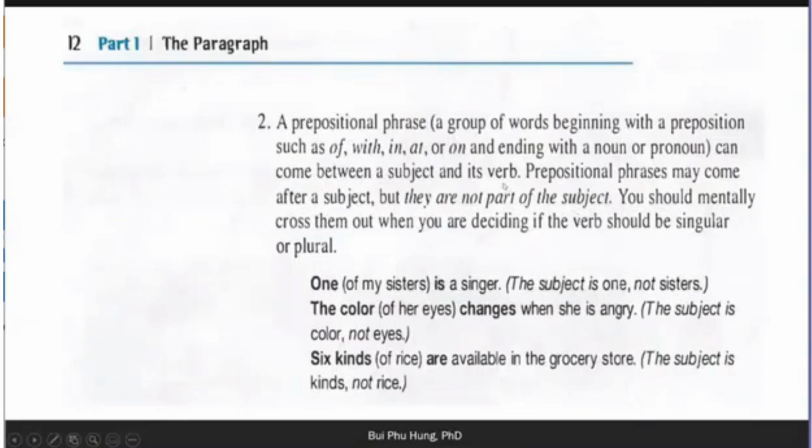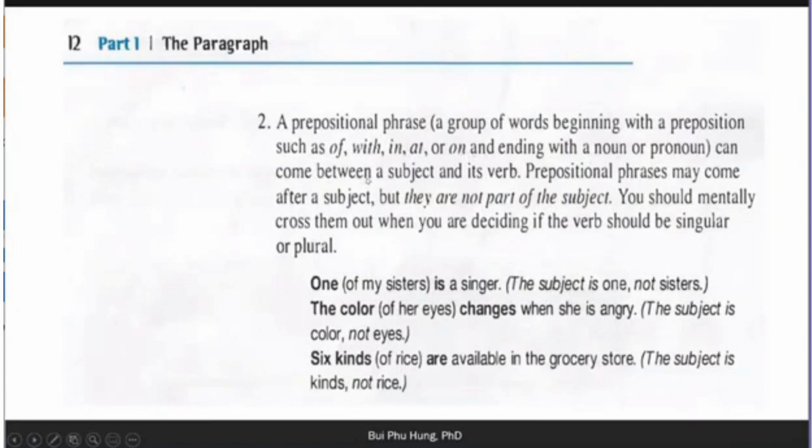Yes. So a prepositional phrase can make a sentence confusing. A prepositional phrase is a group of words beginning with a preposition, such as of, with, in, at, and on, and ending with a noun or pronoun.